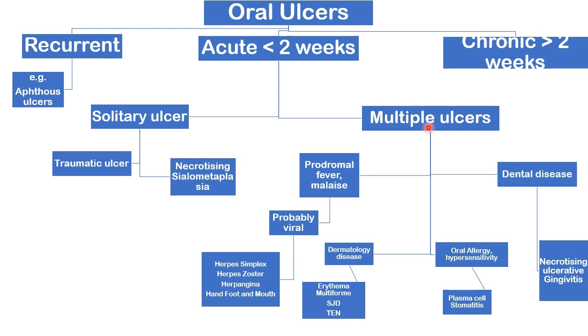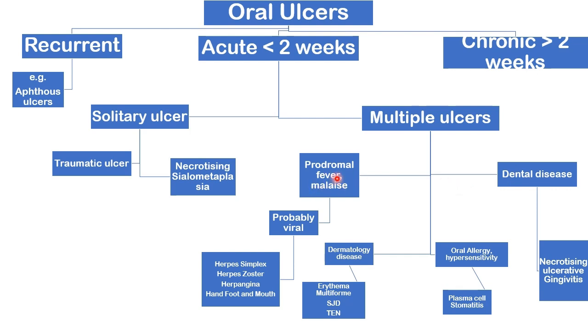different categories. One of them is preceded by a prodrome like fever and malaise. The other is associated with dermatology disorders and skin conditions, or if you have reasons to suspect oral allergy or hypersensitivity or disturbance of the immunity. And the fourth is associated with dental conditions.